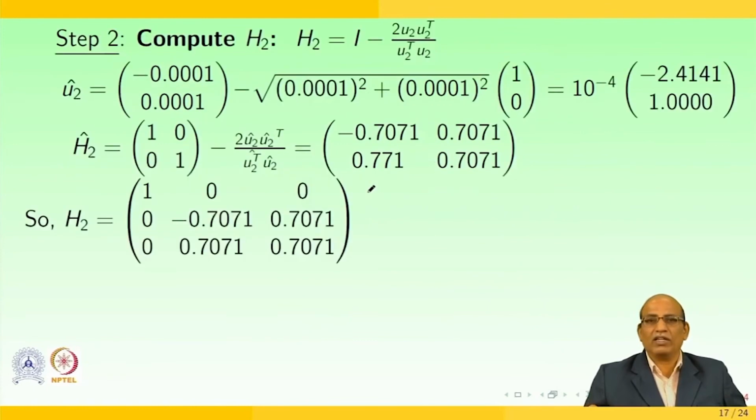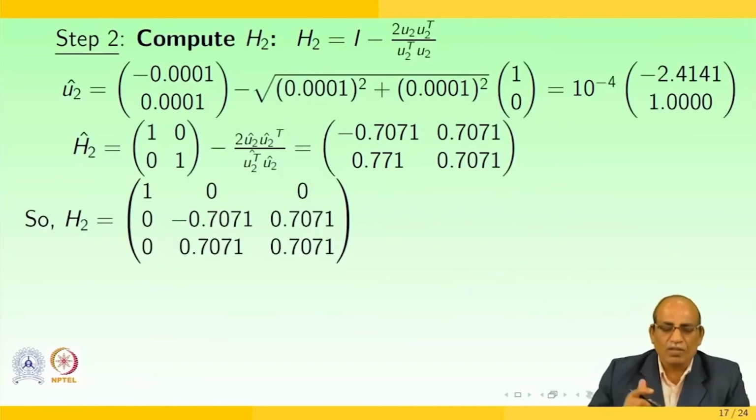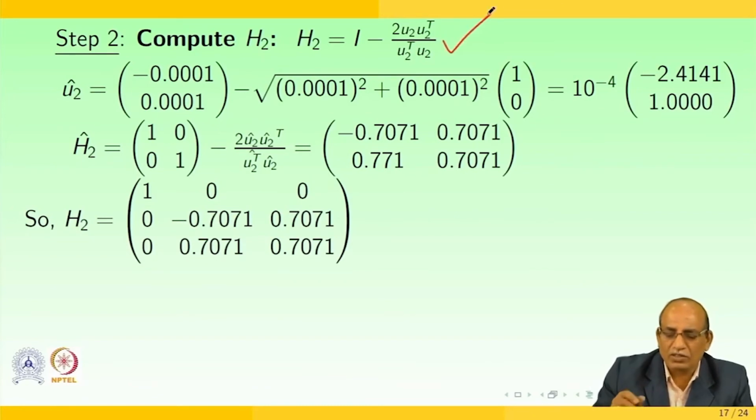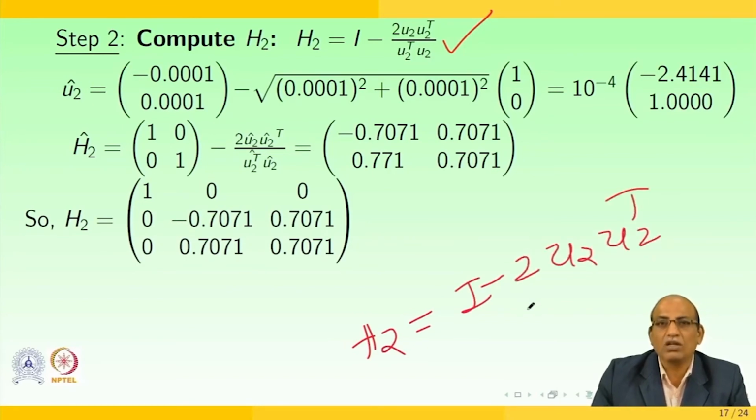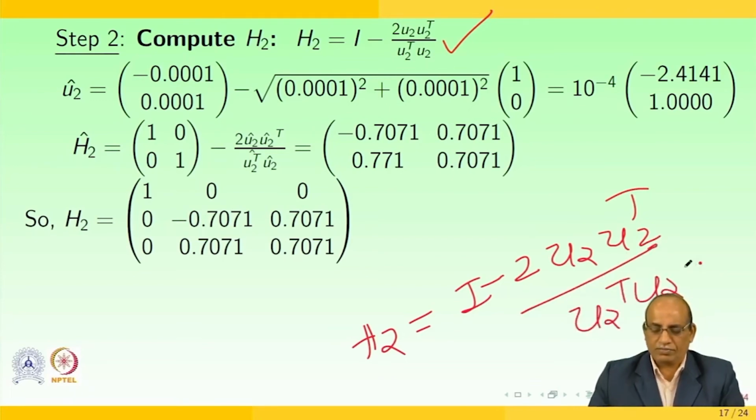Now let us look into step 2. Compute H2. H2 is equal to, again the same stuff, I minus 2u2 u2 transpose upon u2 transpose u2.